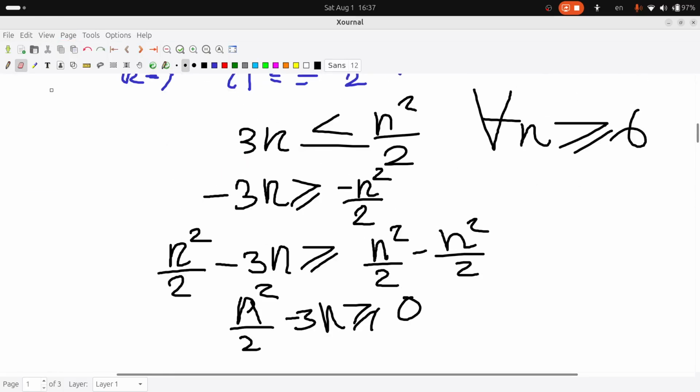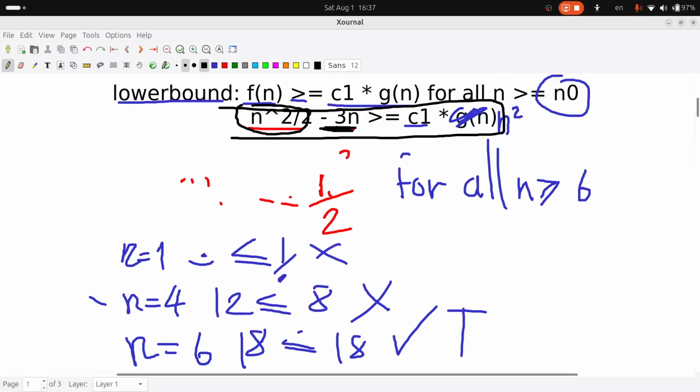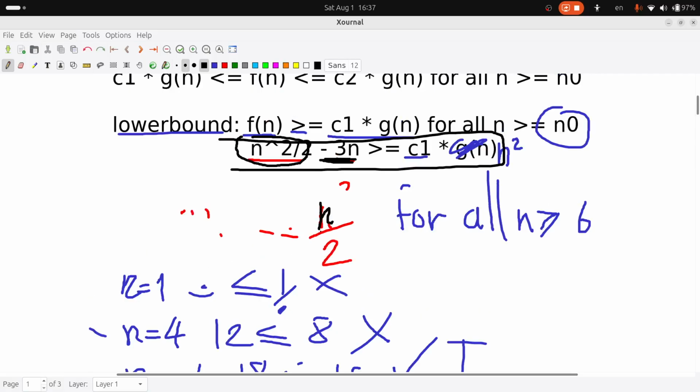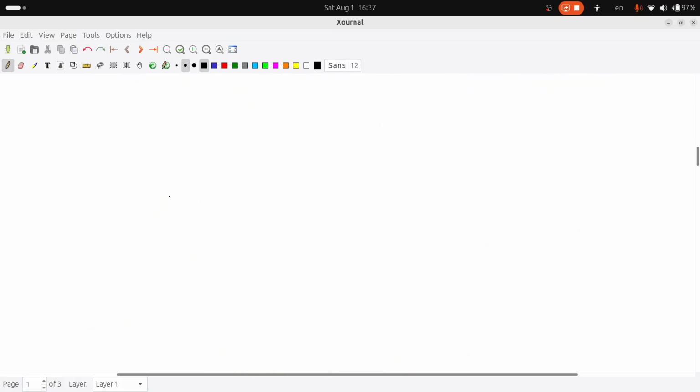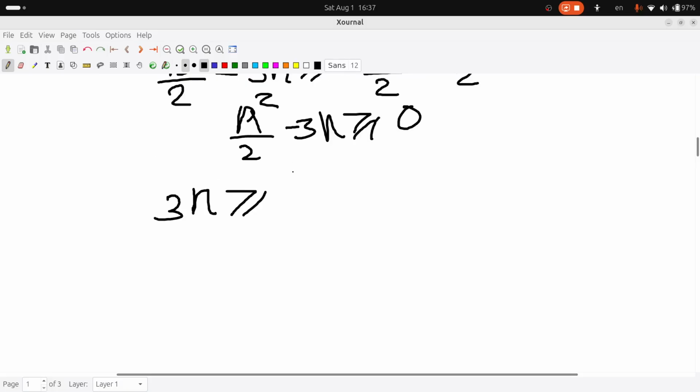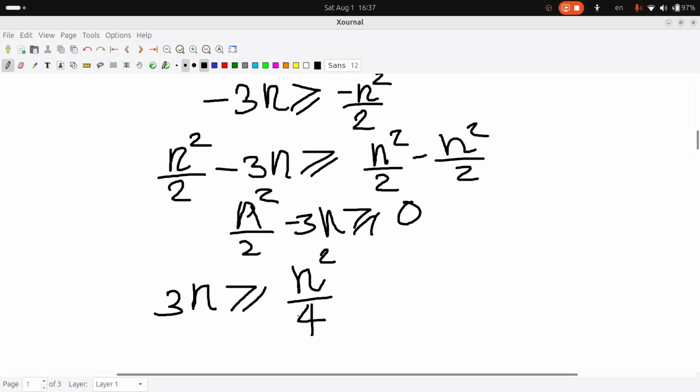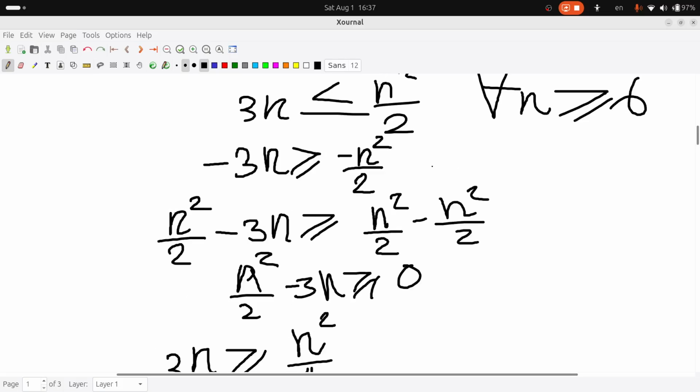So we have to use another expression. It cannot be exactly n squared divided by 2. So what about we do 3n is greater than or equal to n squared divided by 4? I cannot use divided by 2 because then the right side will be 0.